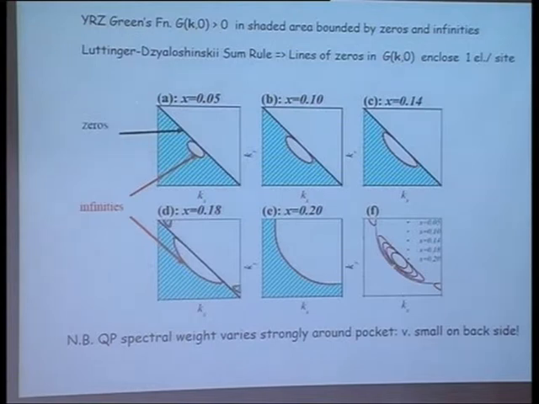So these zeros should be included when one comes to calculate the area enclosed in K-space for which the Green's function at omega equals 0 is positive. This is the Luttinger sum rule generalized by Dzyaloshinskii.